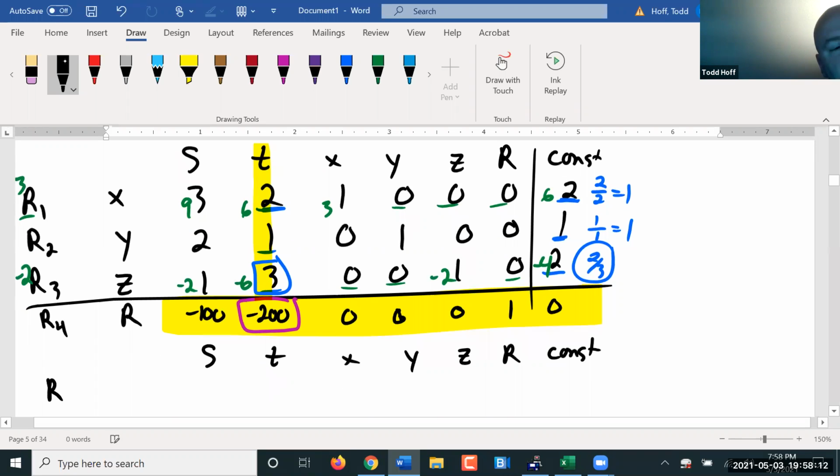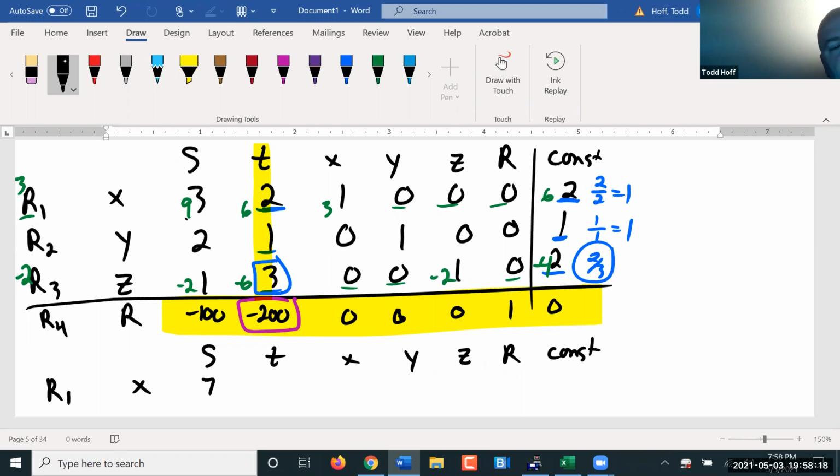Row 1, it's still going to be row X. But I'm going to combine 9 and -2 makes 7. 6 and -6 makes 0. Now that's the big one. We wanted to zero that one out, so that's good. 3 and 0 make 3. 0 and 0 make 0. 0 and -2 make -2. 0 and 0 make 0. 6 and -4 make 2.